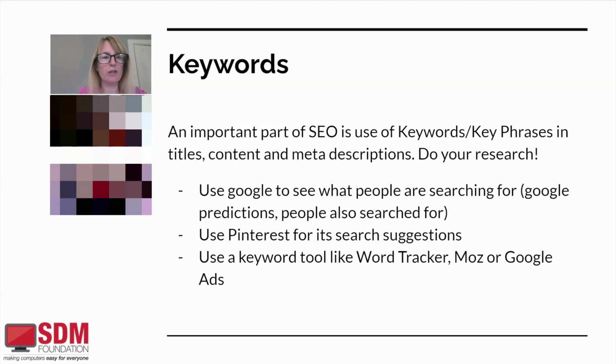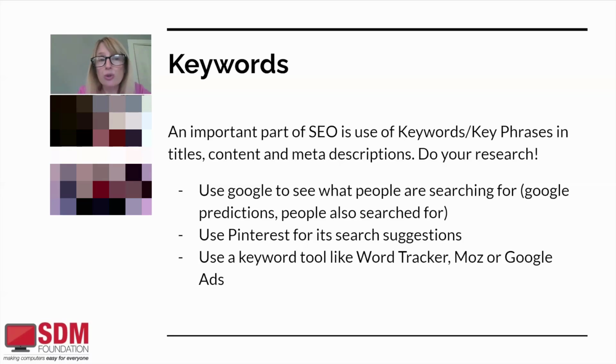Do you want packing tips? Do you want destination ideas? So you can see from the guesses that it makes the kinds of things that people are likely to be searching for under the heading travel, which again helps you to design good titles and key phrases for your content.